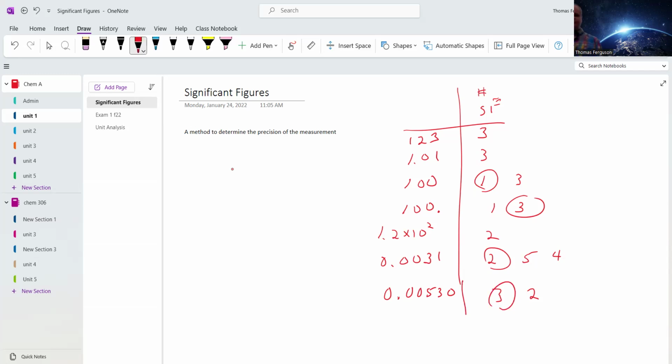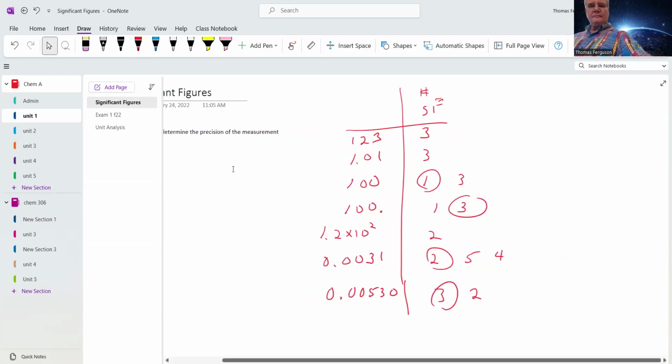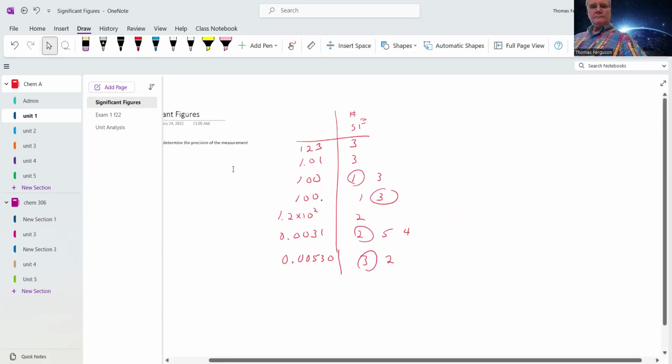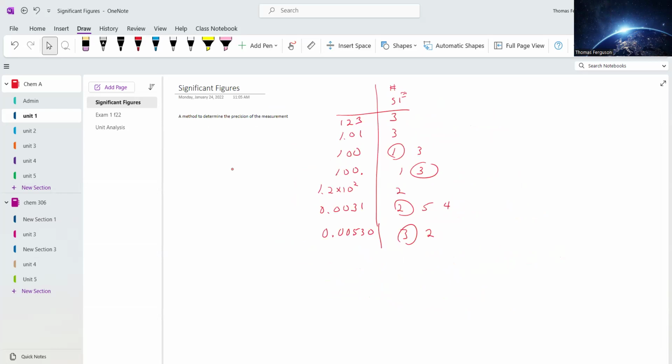So what's the deal with zeros and how do those come into play when you're talking about significant figures? I'm going to call these zero rules. And there are 3 places the zero can be: the beginning, middle, and end.